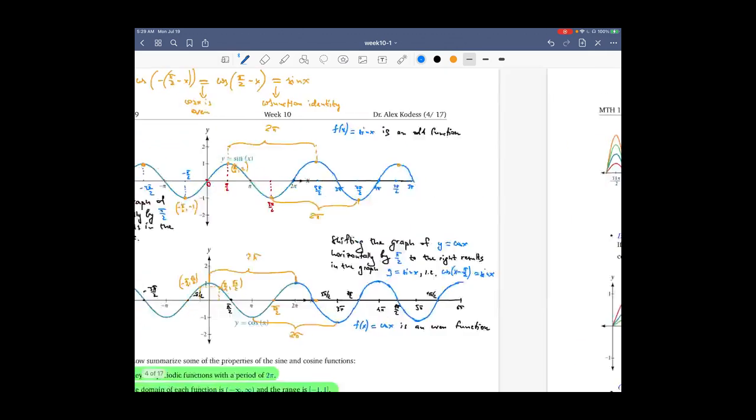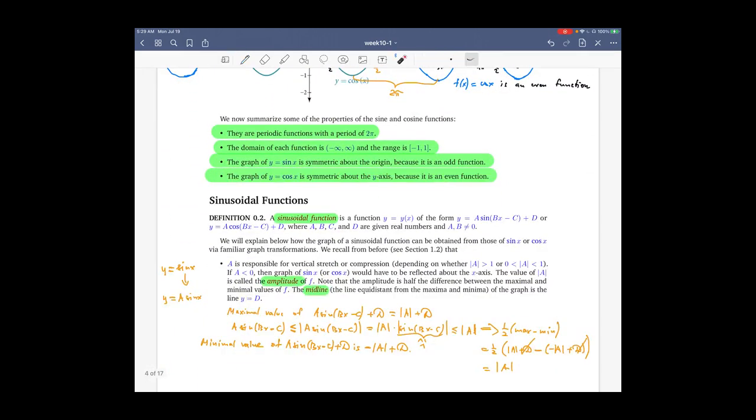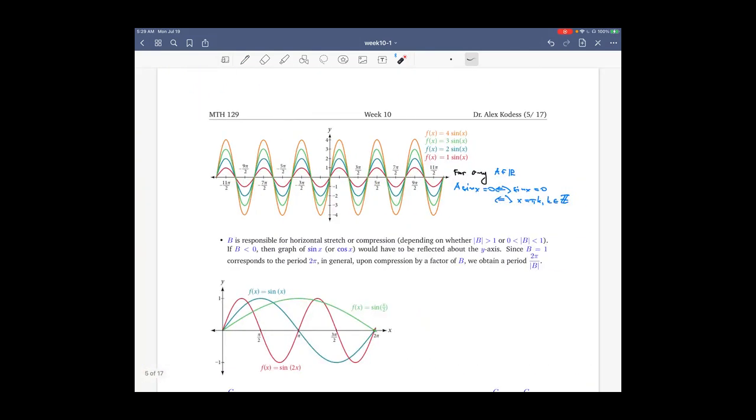All right, what about other parameters? Now that we have discussed the meaning of A, the amplitude is responsible for a vertical stretch or compression. Right, this here is amplitude, 4 in this case. What about B?